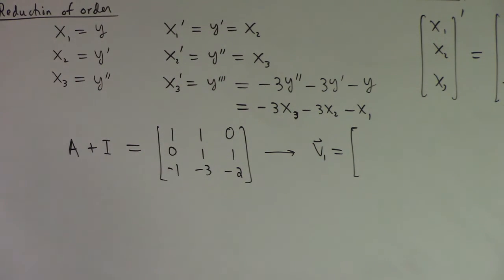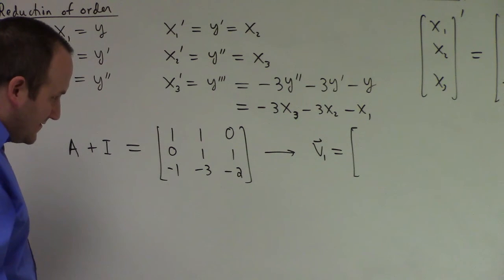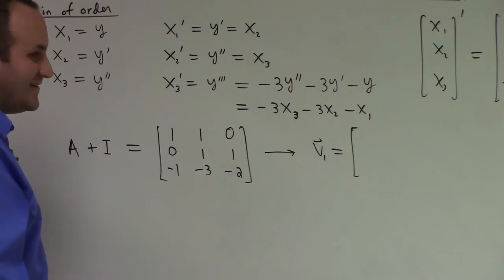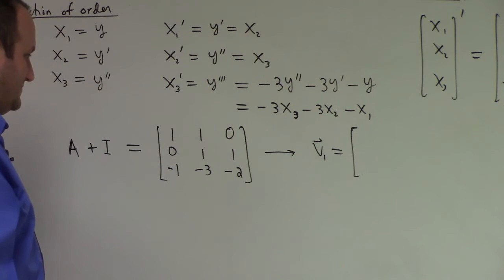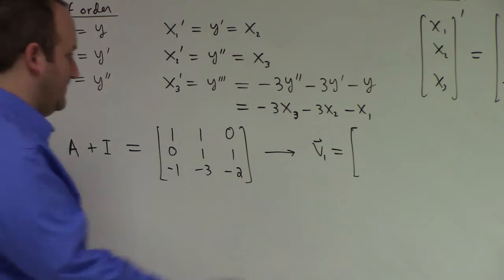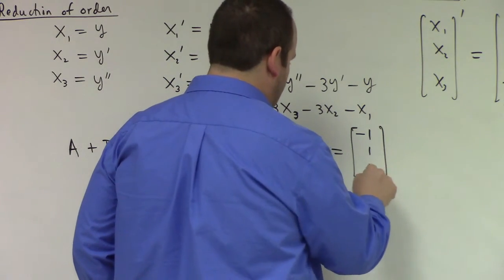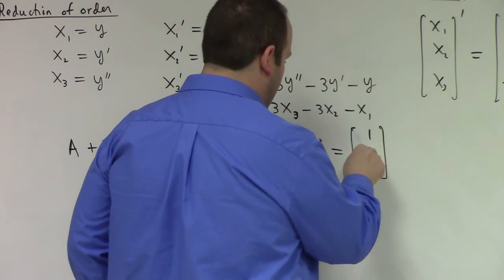Yeah, zeros everywhere except where there's zeros in the first one. Can you tell me the vector, like the column? Negative 1, 1, 1? How about we put the minus in the middle.